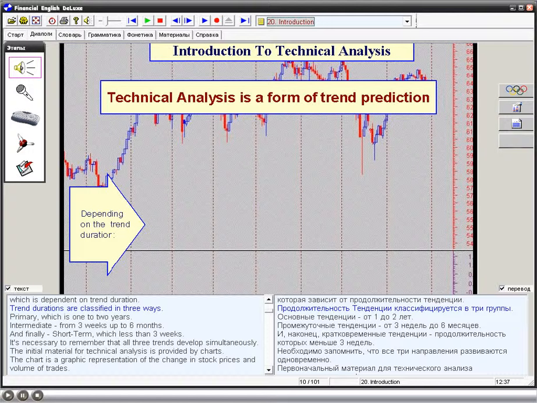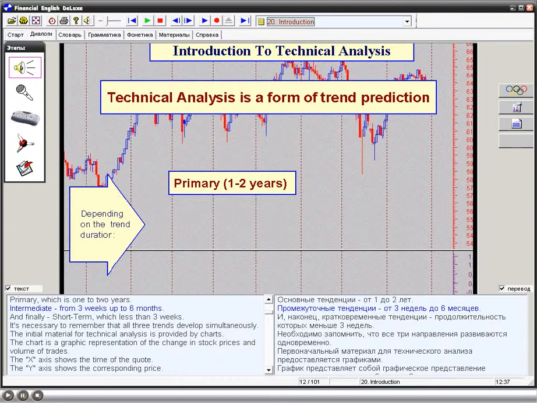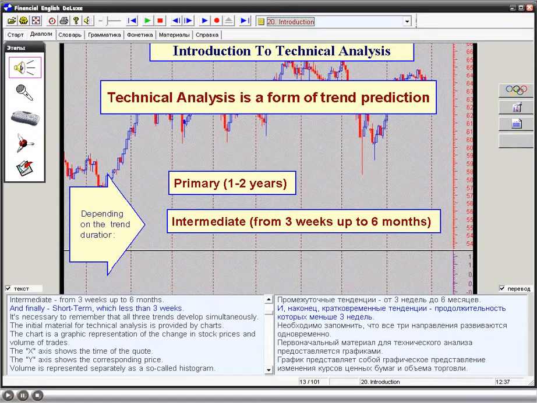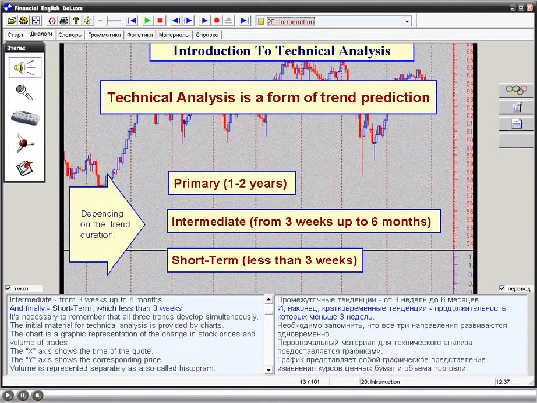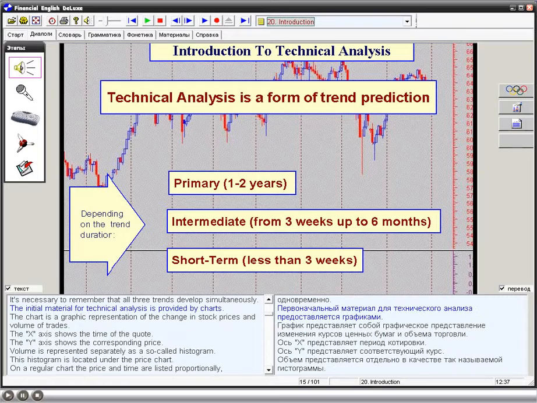Trend duration are classified in 3 ways: primary, which is 1 to 2 years, intermediate, from 3 weeks up to 6 months, and finally, short-term, which is less than 3 weeks. It's necessary to remember that all 3 trends develop simultaneously.